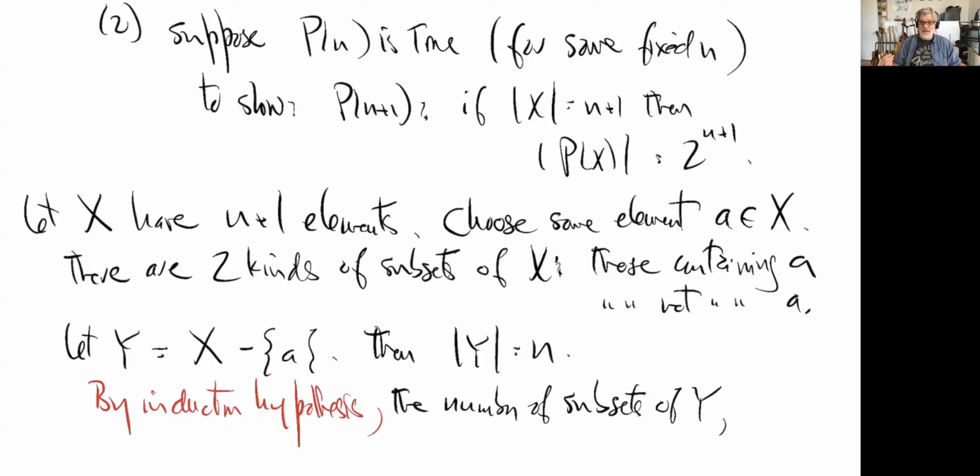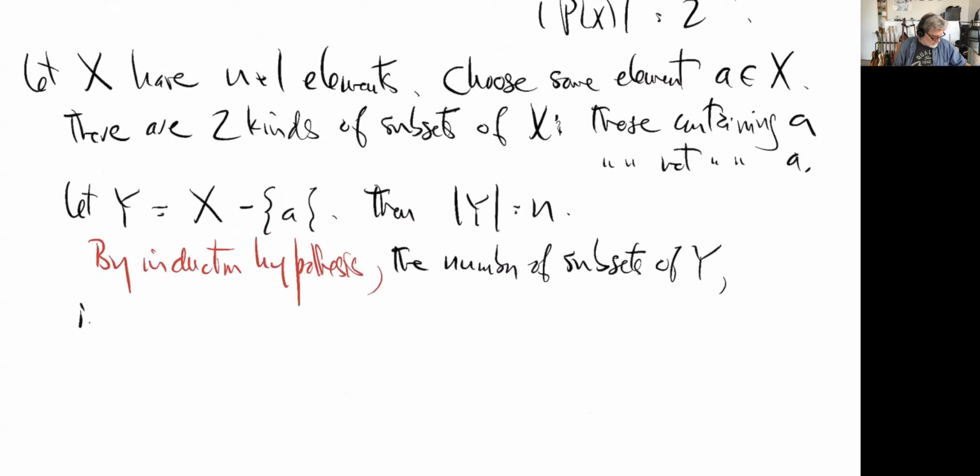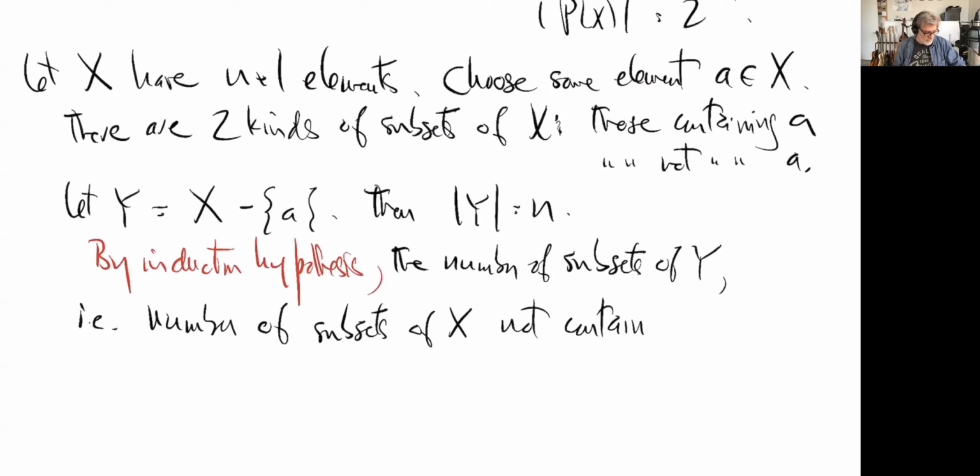That's the number of subsets of X that do not contain A, right? The number of subsets of X not containing A is 2 power n, right? That's the induction hypothesis. So I've removed an element from X. I look at all the subsets of X that do not contain this A. So these are exactly the subsets of Y, which has n elements. So there are 2 power n such subsets.